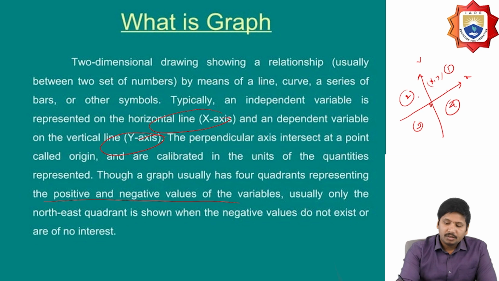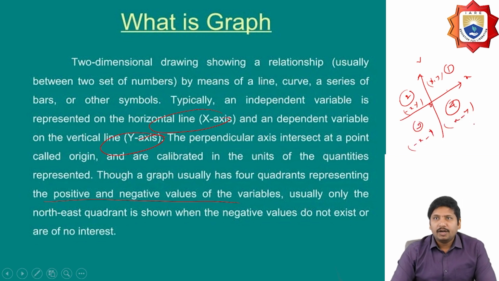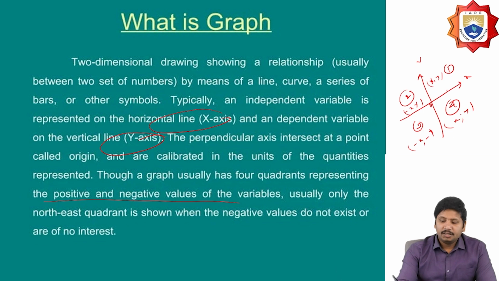So x, y; minus x, y; minus x, minus y; and x, minus y. Like this, we have different types of coordinates here.